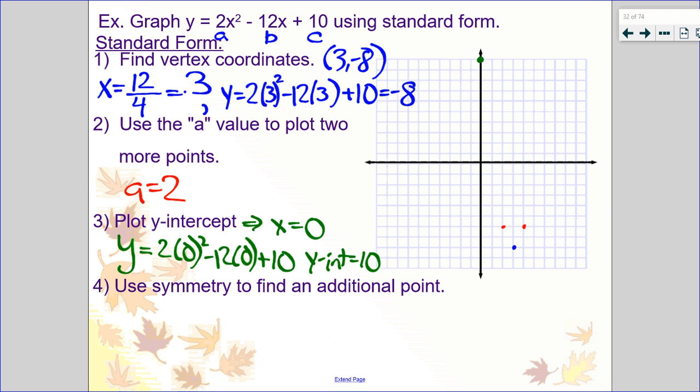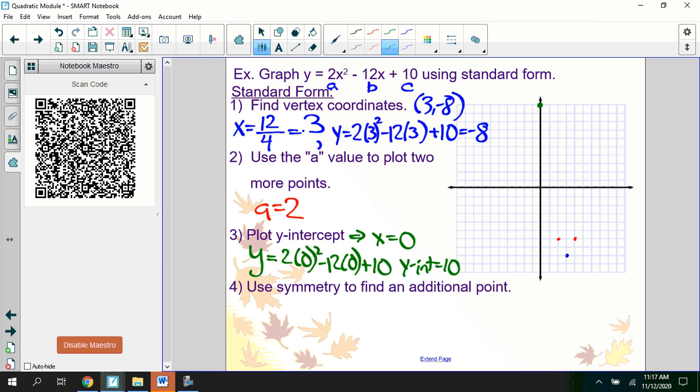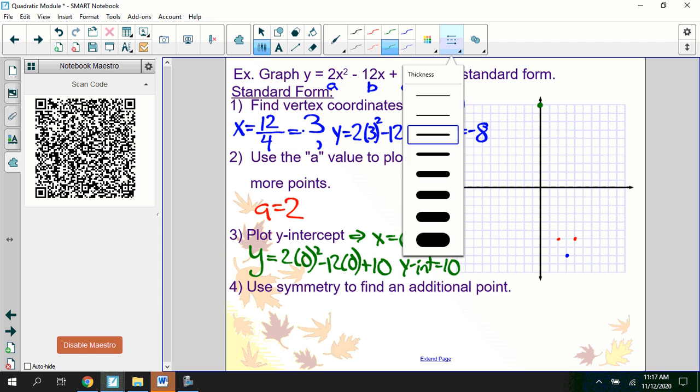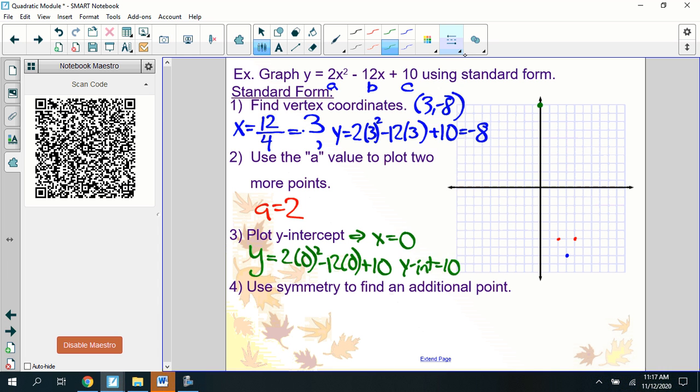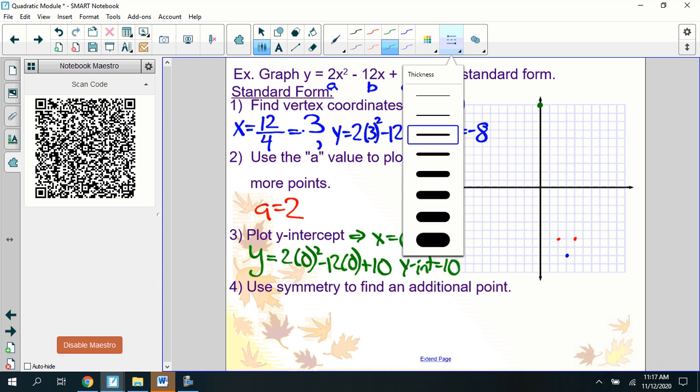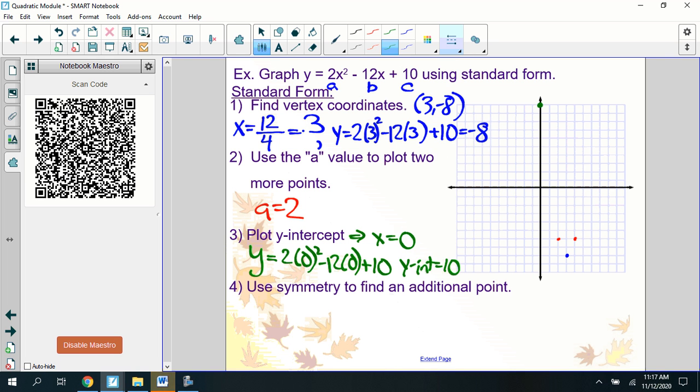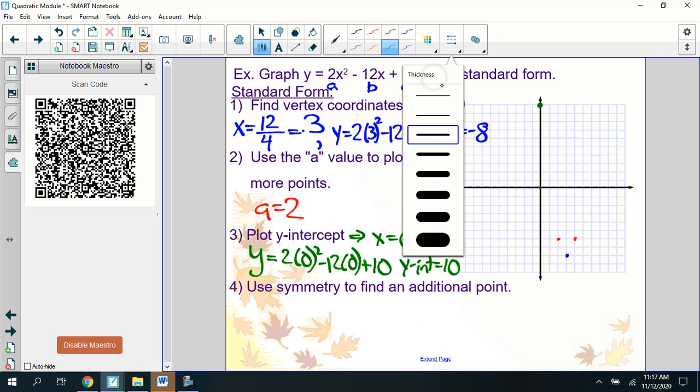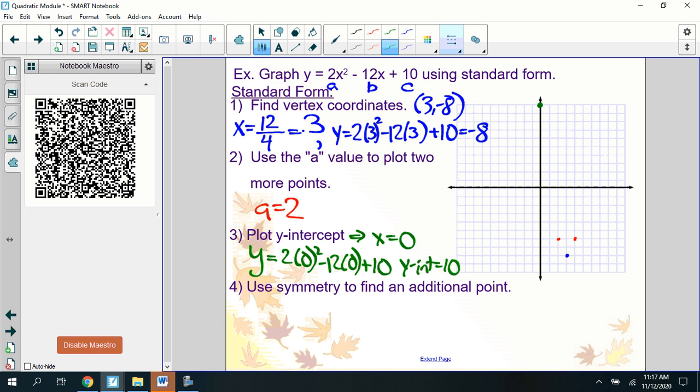Let me tell you what I mean by that. So there is a line that travels straight through the vertex.